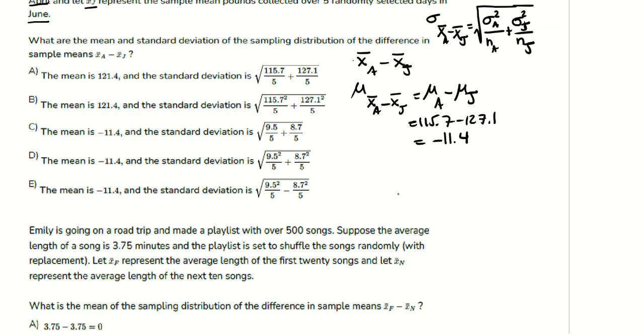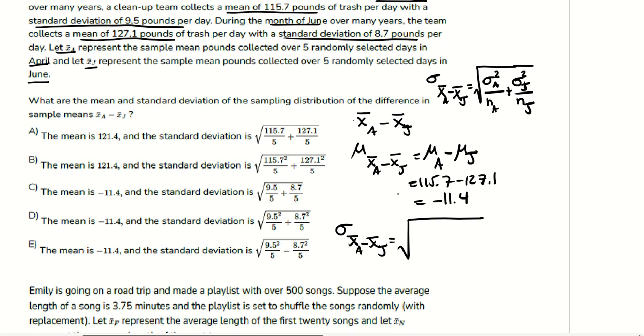So, or at least this one is. You just have to know where to find it, okay? So if I use that formula, then I have square root, and then they told us that the standard deviation is 9.5 for the first one, 8.7 for the second one, and they're both over 5 randomly selected days.